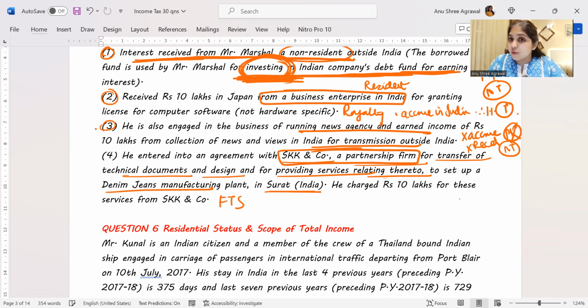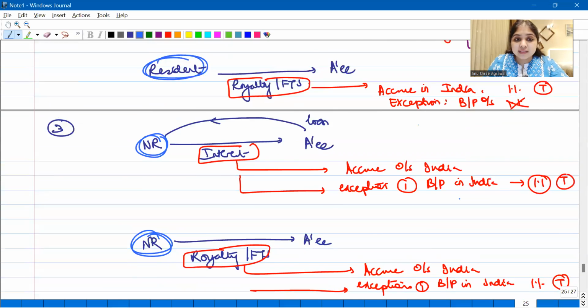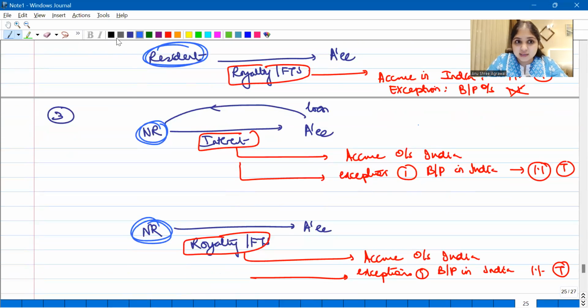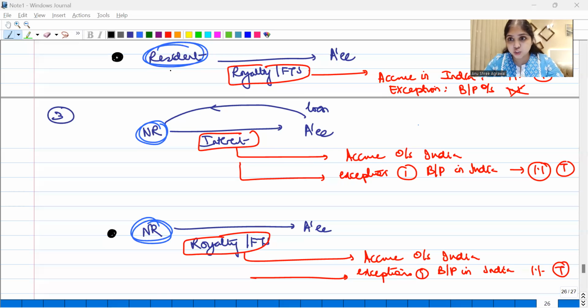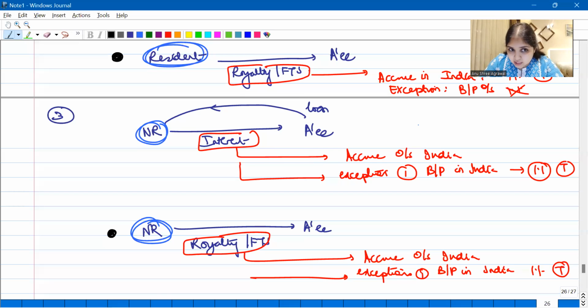SKK, a partnership firm. Nothing is said whether it is resident or non-resident giving FTS. Nothing is mentioned. So what will we do? We'll have to assume from both the points of view.